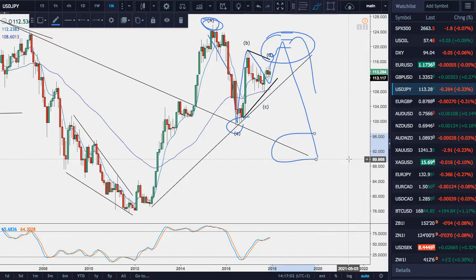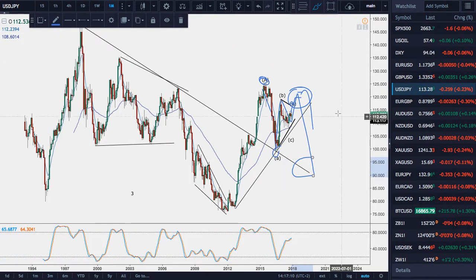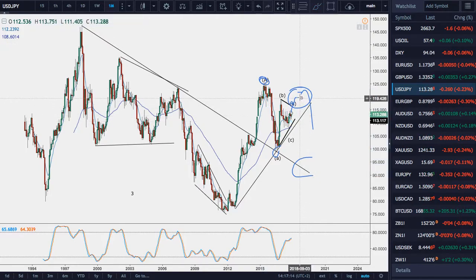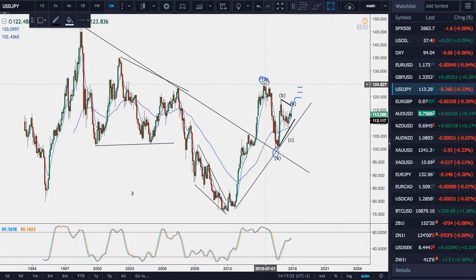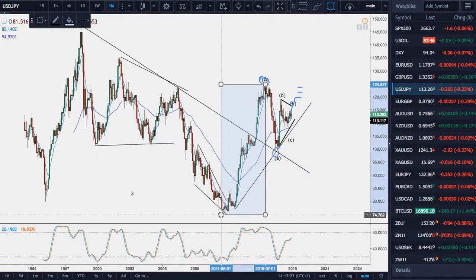And that would change my opinion to a long-term bullish view in the US dollar yen, because I would be looking at this segment. Let me just erase this, one moment. I would be looking at this segment here, this 3-wave correction for A, B, and C, as a correction of this.